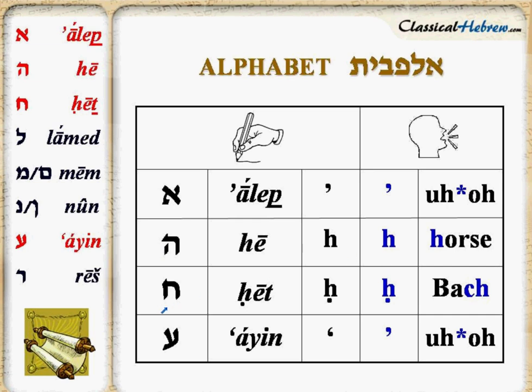Chet, modern Israeli pronunciation is doing it like, traditionally it's going to be something like in the throat. Ain, modern pronunciation like the aleph, and traditionally in the throat.